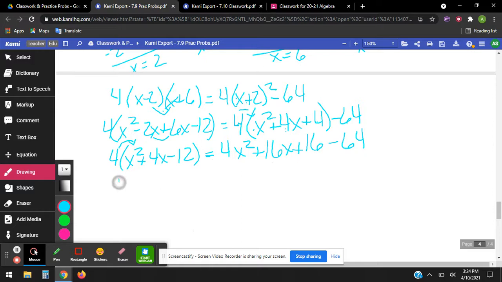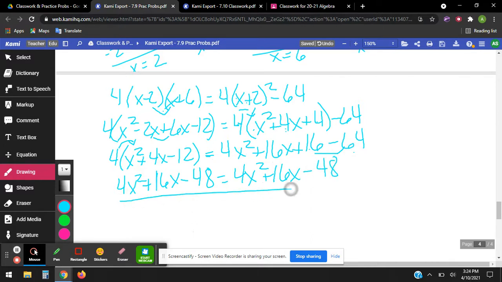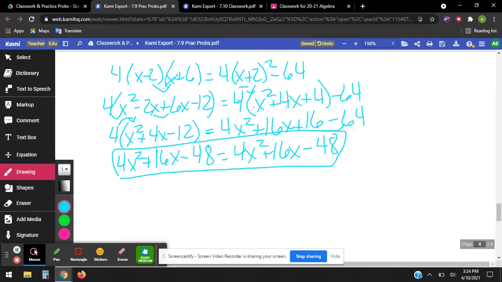Here I can distribute now, 4x squared plus 16x minus 48. And so here I just need to simplify these. 4x squared plus 16x. 16 minus 64 is 48. They are the same. Look at that. We ended up with the same one.